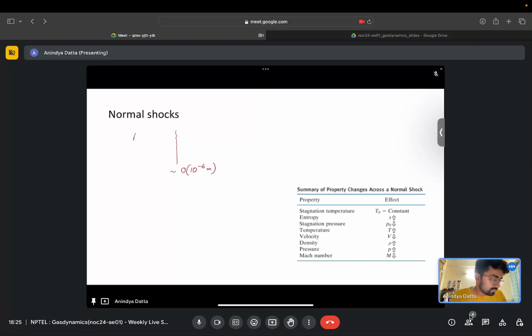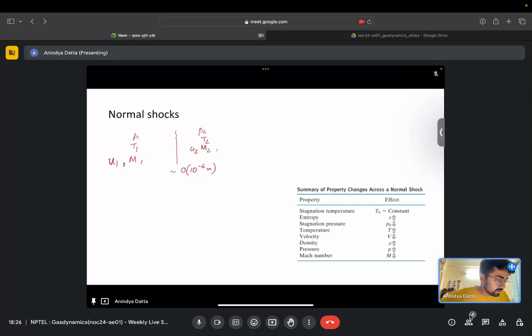Upstream we represent the properties as p1, T1, M1, u1, and downstream we have p2, T2, M2, u2. So this is how the properties vary across a normal shock.